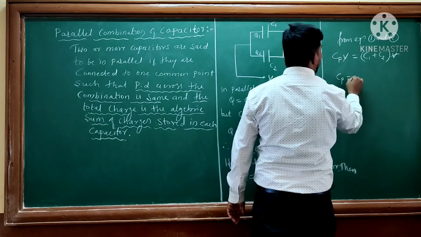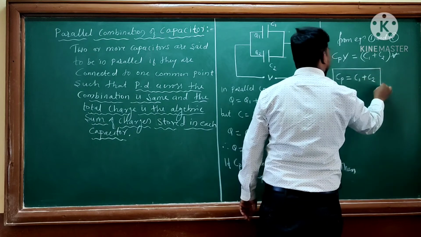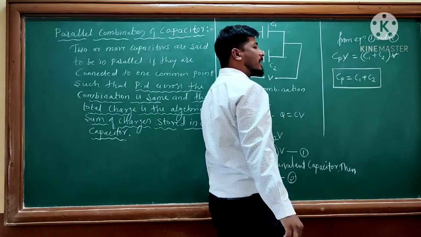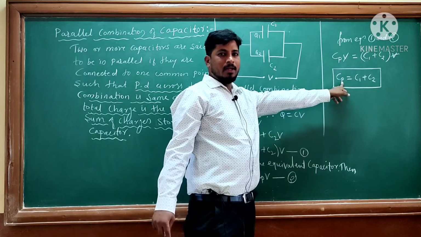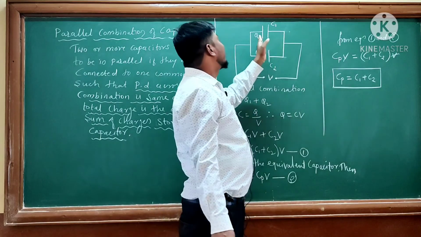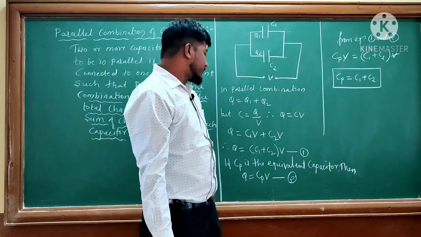What remains here? Cp is equal to C1 plus C2. This is the equivalent capacitance of two capacitors connected in parallel combination. Cp is equal to C1 plus C2.